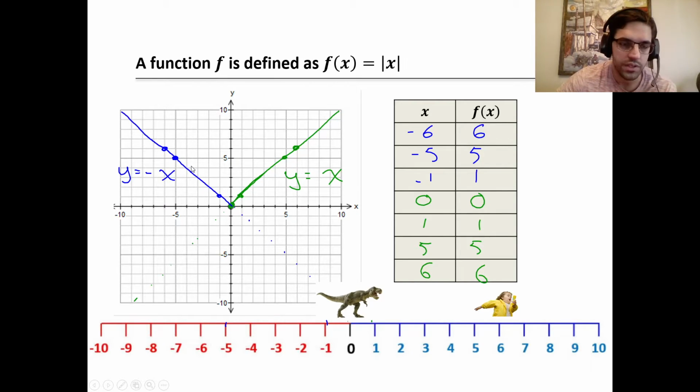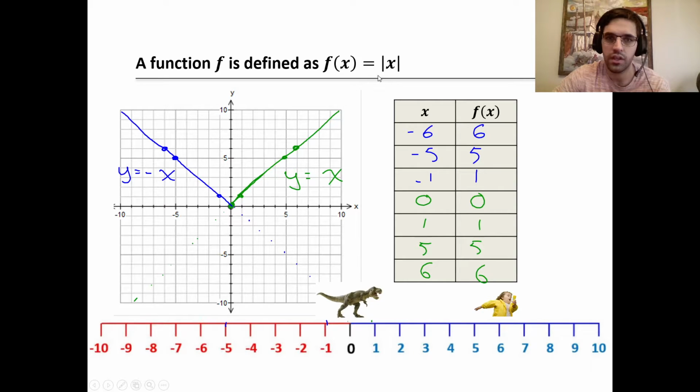One other thing we notice is that we have a domain of all real numbers. You can input any value of x into the absolute value, and you can get a reasonable answer that's a real number as well. We notice that our range is any value greater than or equal to 0. So our range again is our output.